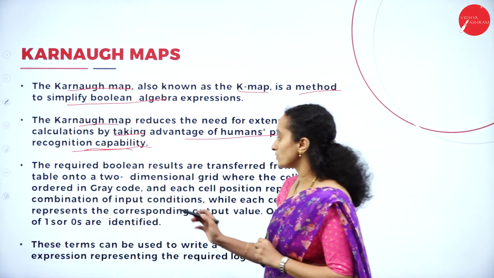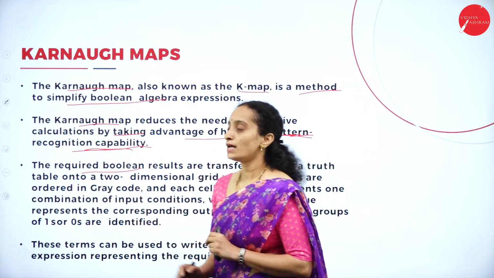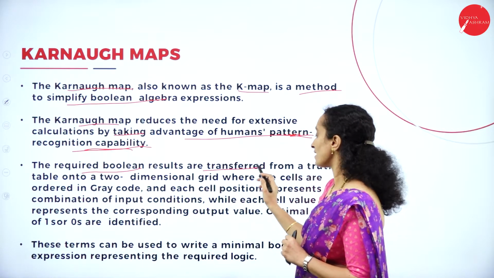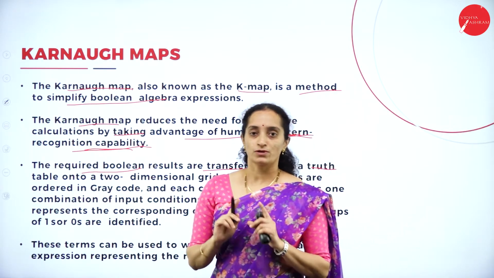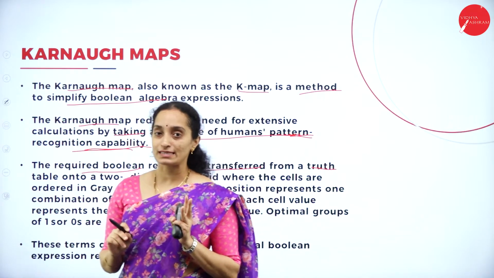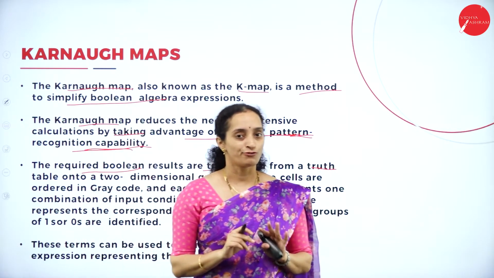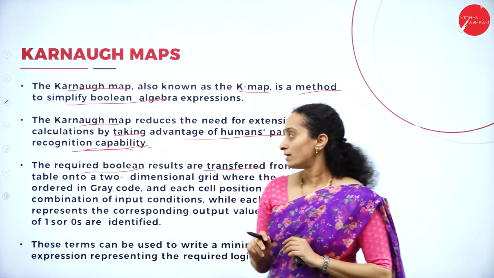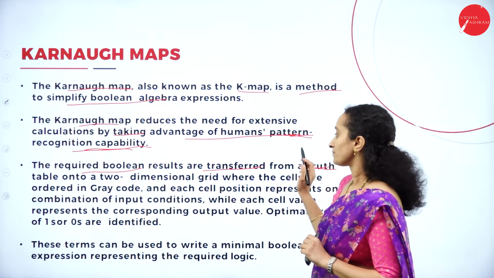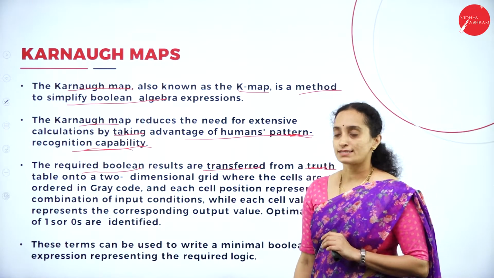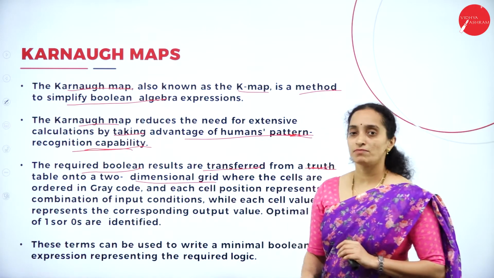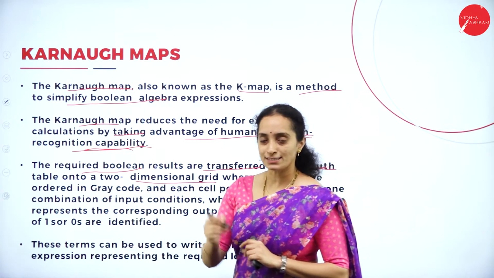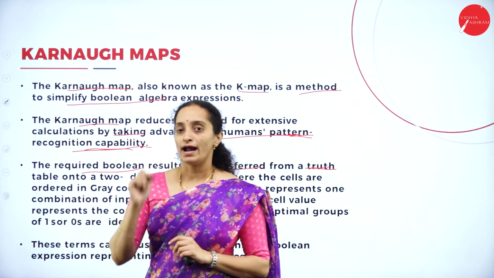How you are going to simplify is, the required Boolean results are transferred from a truth table. We know about the truth table of 2 variables, 3 variables and 4 variables. The Boolean results are transferred from the truth table to a 2-dimensional grid. 2-dimensional means having a row and a column.